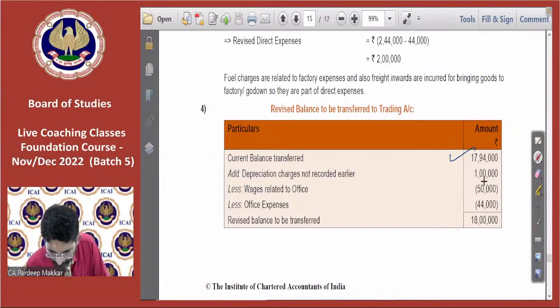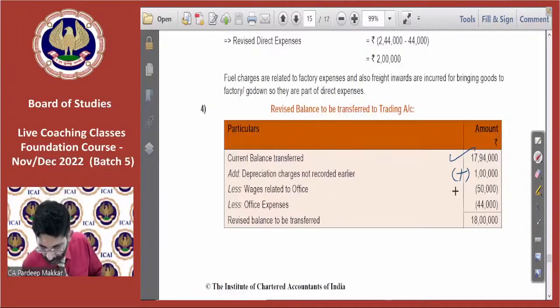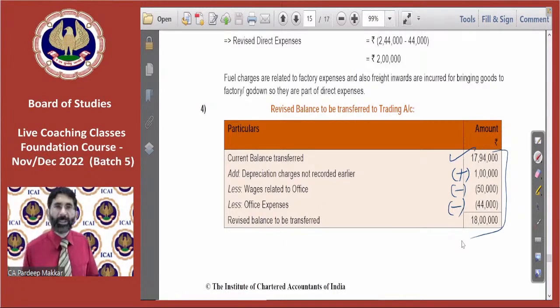When depreciation will be charged, it will increase your expense because depreciation is an expense. Wages are to be reduced and office expenses are to be reduced. So these will reduce your expenses. This is the way how he has presented. The way I have presented, that is also correct. You may go by any way. There's no problem. Okay, both are okay.